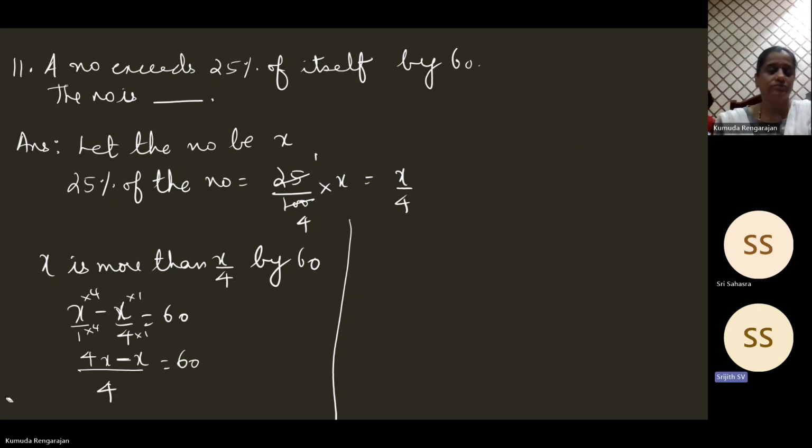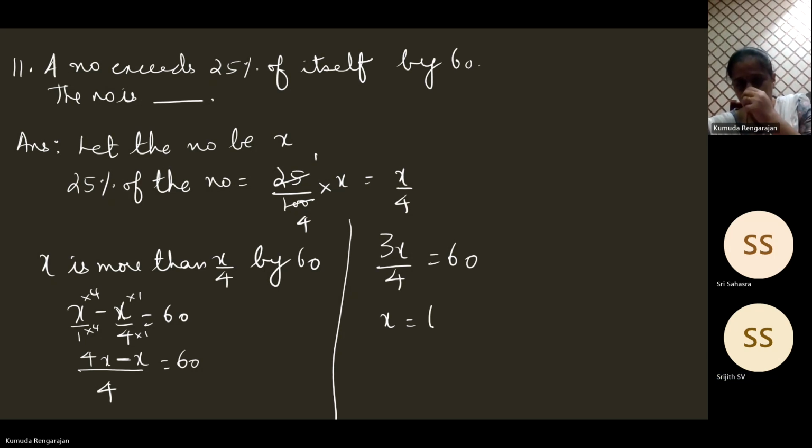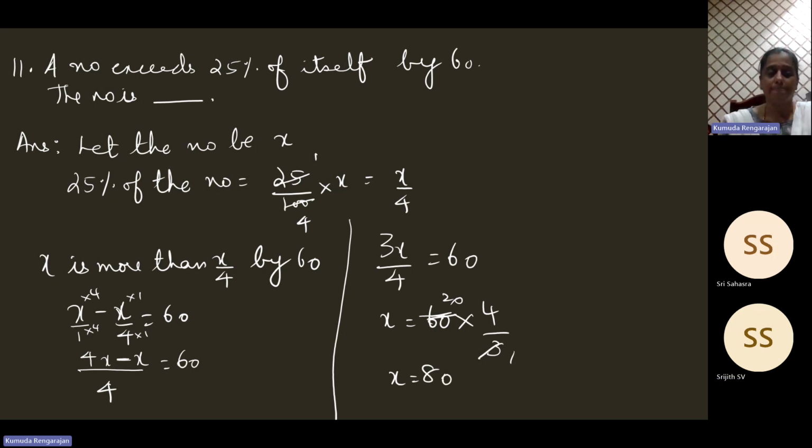Then 3x by 4 is equals to 60. X is equals to 60 into 4 by 3. Correct. Very good. 80, ma'am.